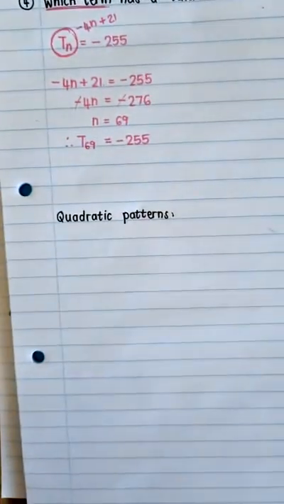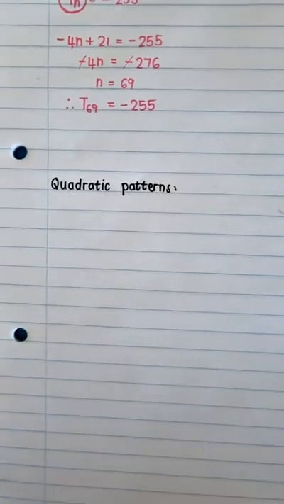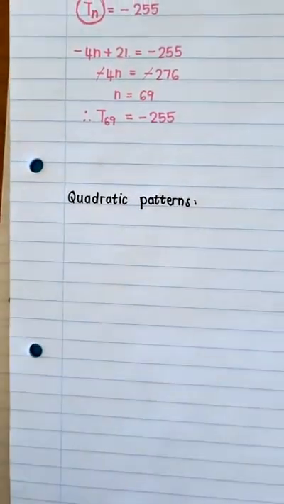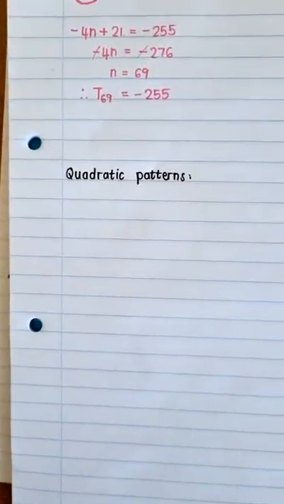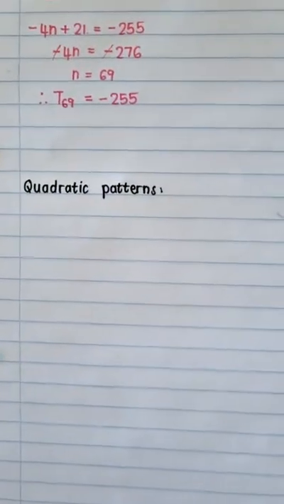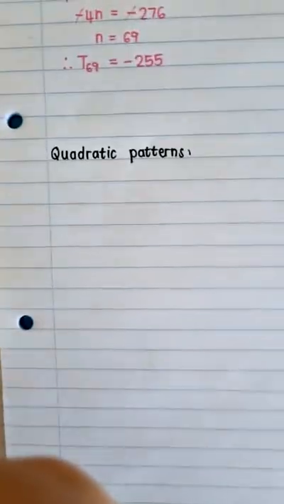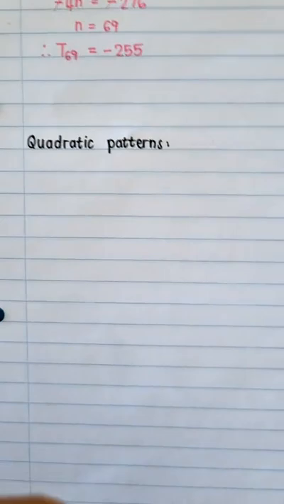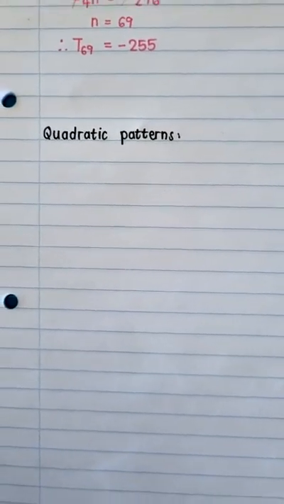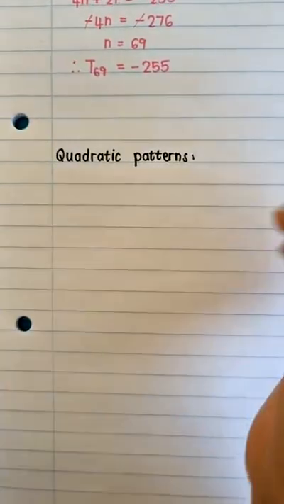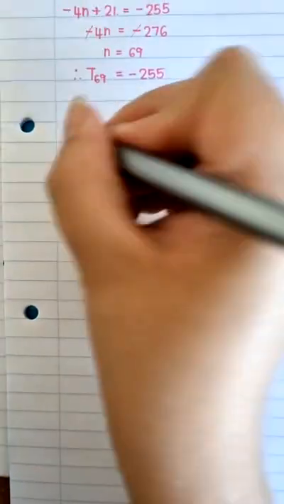They are still called quadratic patterns, and you are still going to use the same formula that you did in grade 11. All right, so that does not change. You are going to learn about a different type of pattern, which we won't cover today. All right, we'll cover that later on. But yes, quadratic patterns will stay the same. Now, a quadratic pattern is where you have a constant second difference.